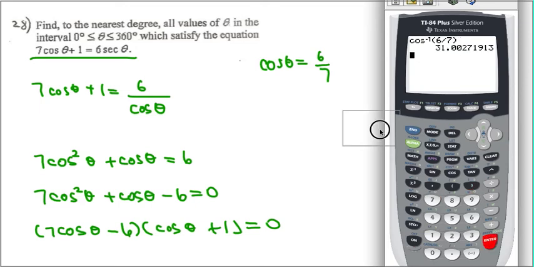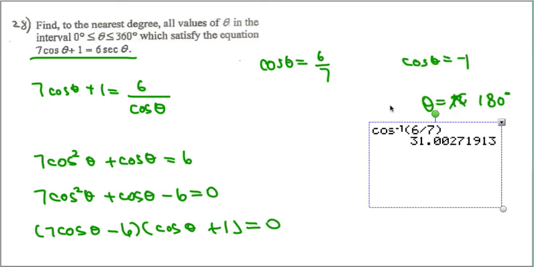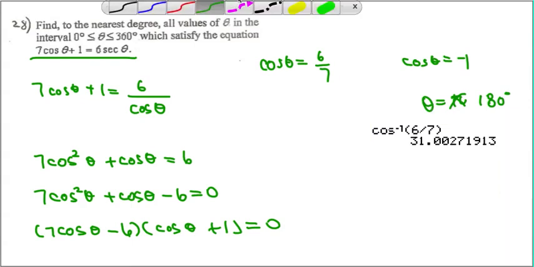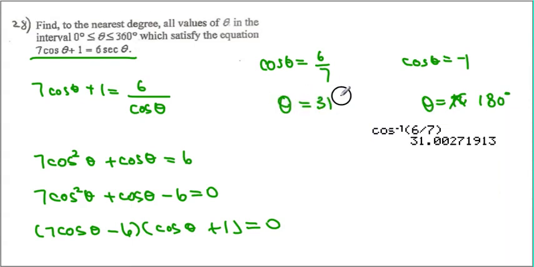Then we'll end up getting our answer, which is 31 degrees. But cosine would be positive also in the fourth quadrant, so therefore another value would be 360 minus 31, which is 329 degrees. So we have 3 values here.